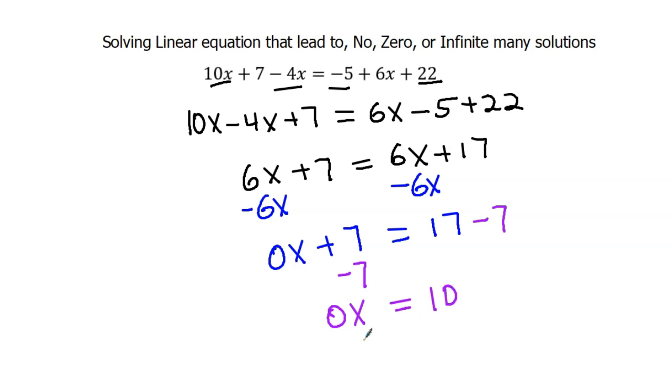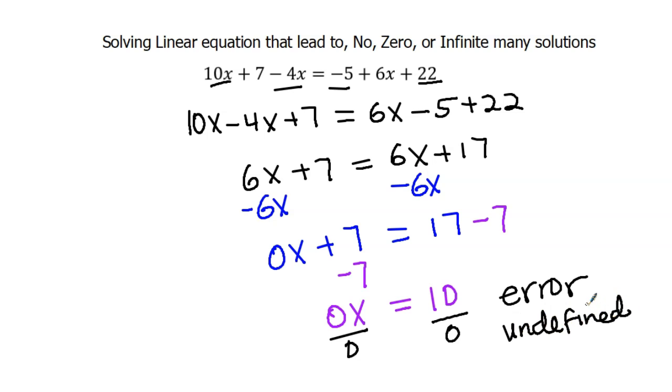Even if you're still trying to solve it, you divide both sides by 0. You realize that any number divided by 0 is an error, which mathematically we say is undefined. So in this particular question, there is no solution.